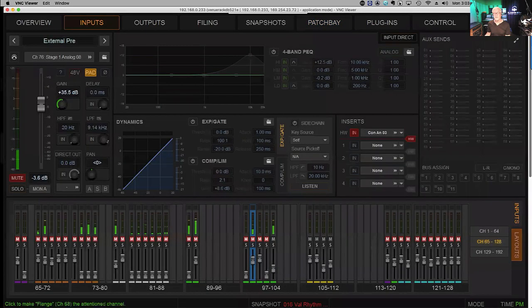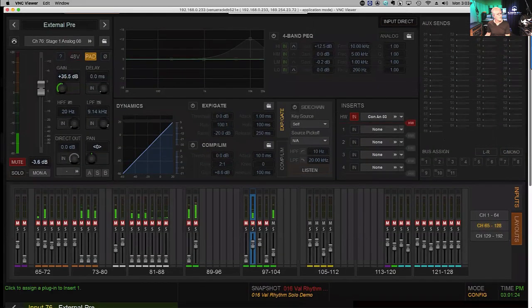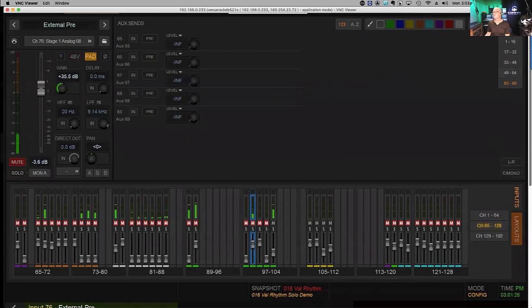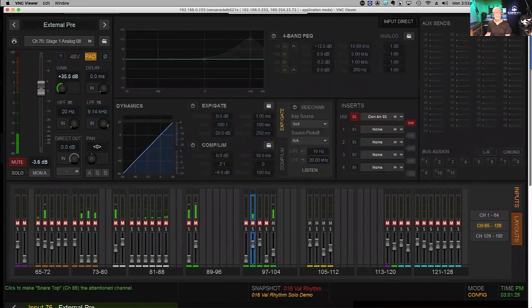So if we go back there, you can see that I have the insert return here coming in on console analog 3. That's where I'm returning that to the console, right? And then if I have the hardware button in, which I do there, as you can see. Cursor challenge today.